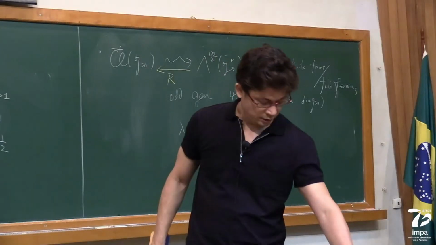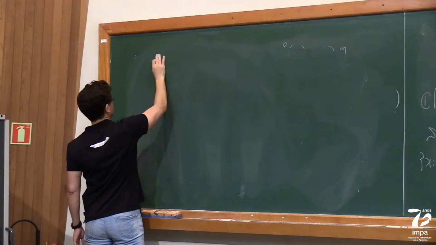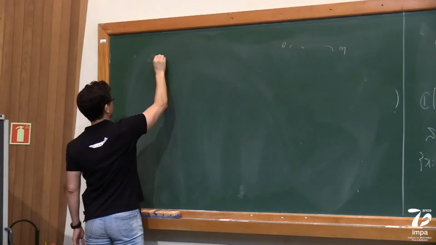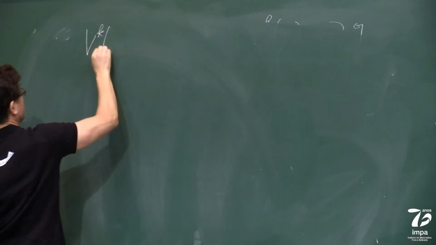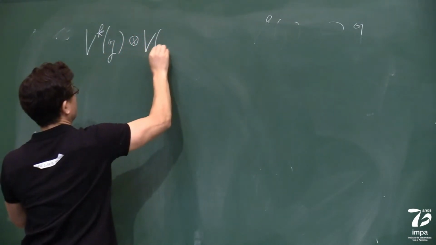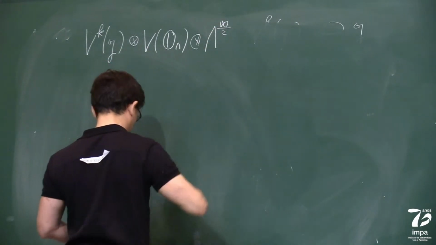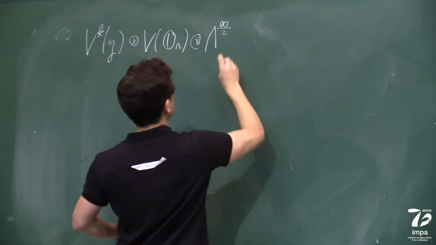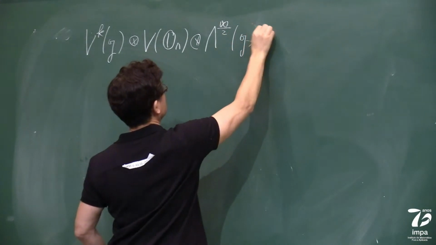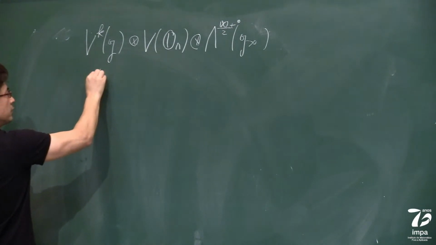Okay, so I have all the ingredients. Now I can consider this tensor product, VKG, which corresponds to C of G star, and then V of O chi, and then the semi-infinite forms. And then I also have to define a differential.